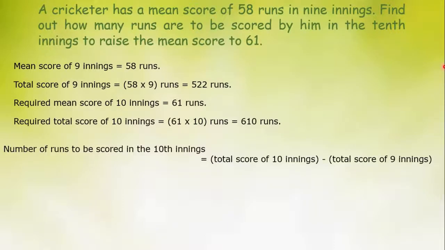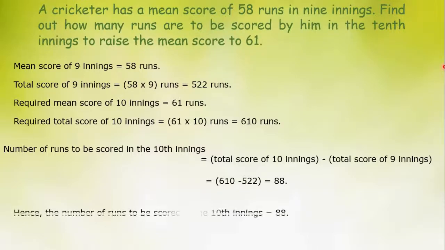So, number of runs to be scored in the 10th innings is equal to total score of 10 innings minus total score of 9 innings. It is 610 minus 522 equal to 88. So, the cricketer must score 88 runs in the 10th innings. Hope you understood the concept, right?